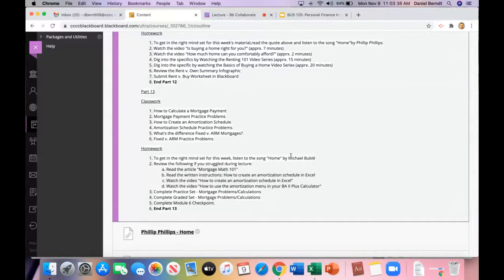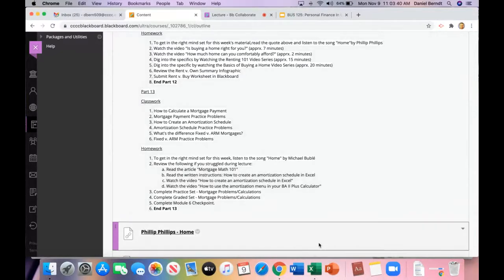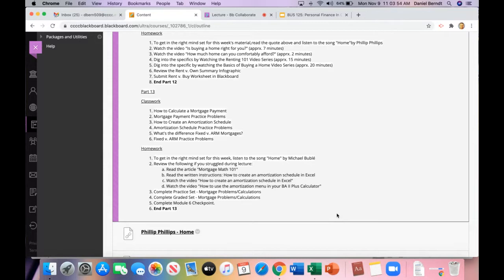Before we hop into that, you will need Microsoft Excel for today. If you don't have access to it, then you'll need to follow along. Or you can use a calculator, and if anyone is using a calculator, just let me know and I can walk you through how to do that.